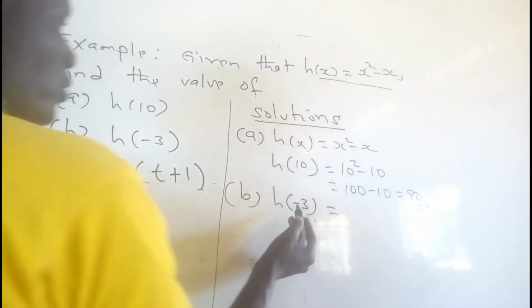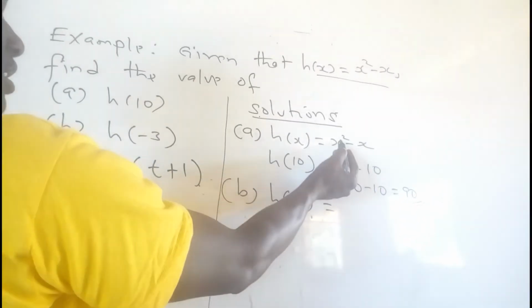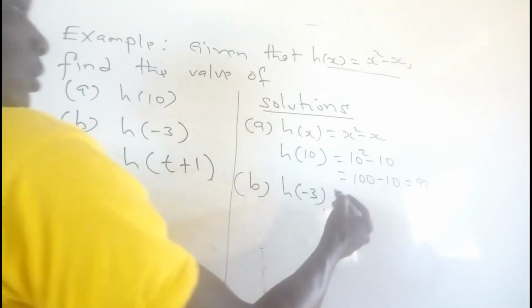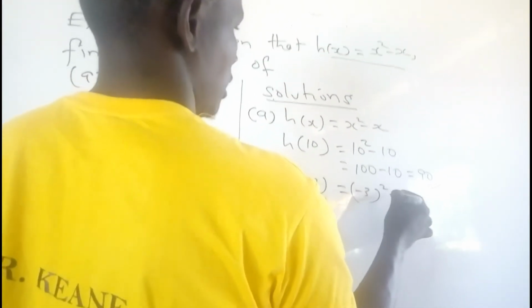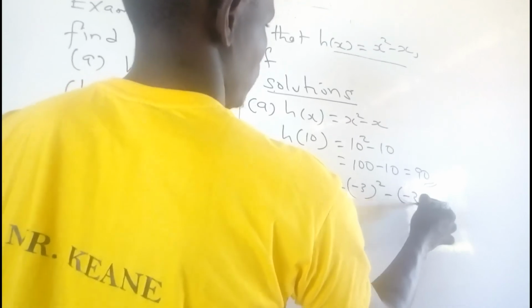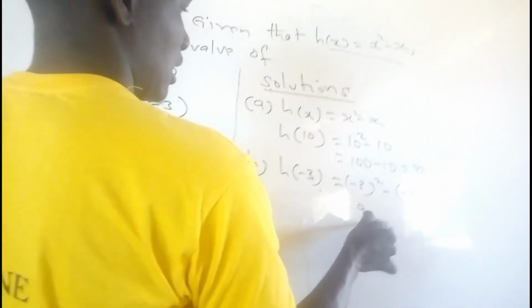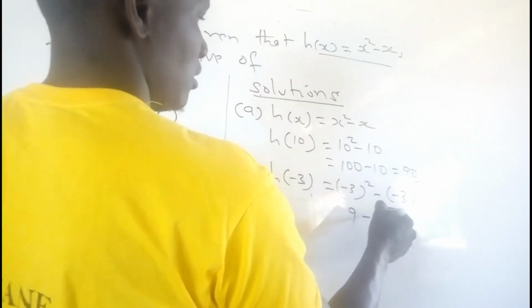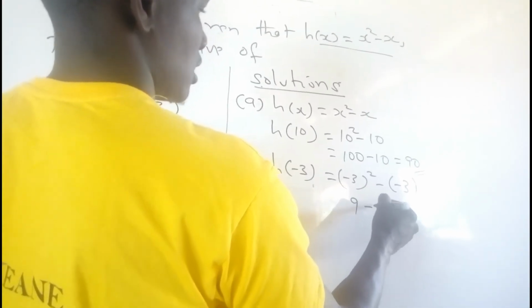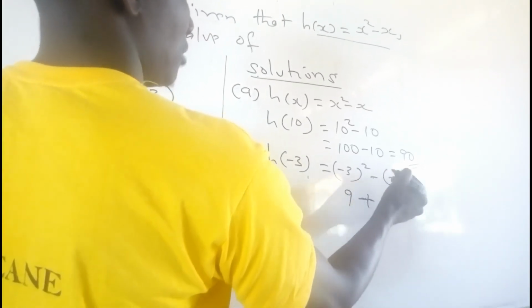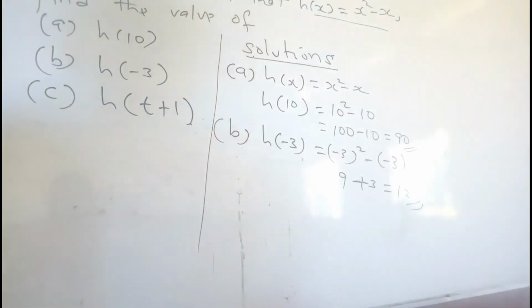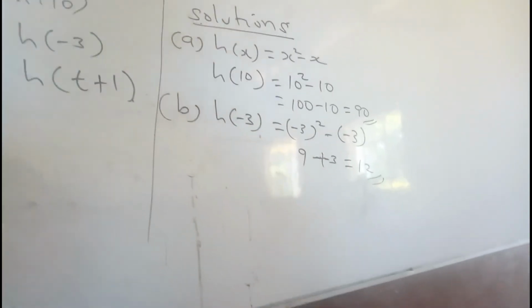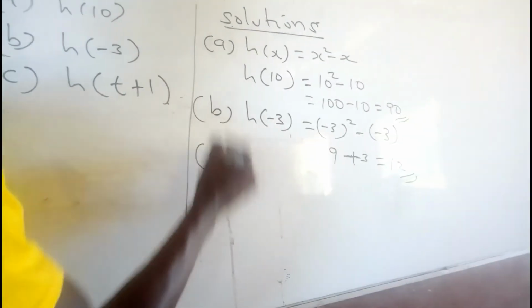If we insert negative 3 as x, we have negative 3 squared minus negative 3. This gives us 9, and minus times minus gives us plus 3, which gives us 12. So we'll have 12 as the answer for part B.